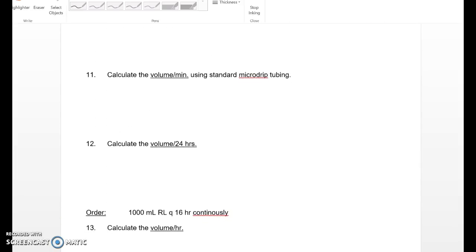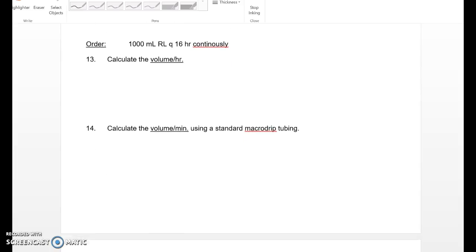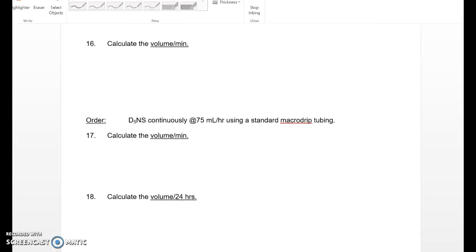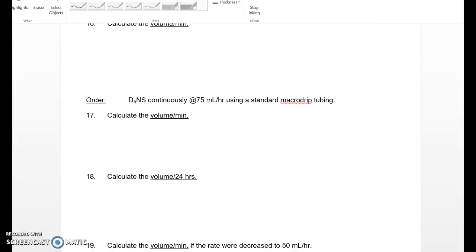number, where is it? Number 17. Okay, number 17 is, we've already got our how many milliliters per hour, so that kind of makes it a little bit easier for us. So we're going to calculate the volume per minute.